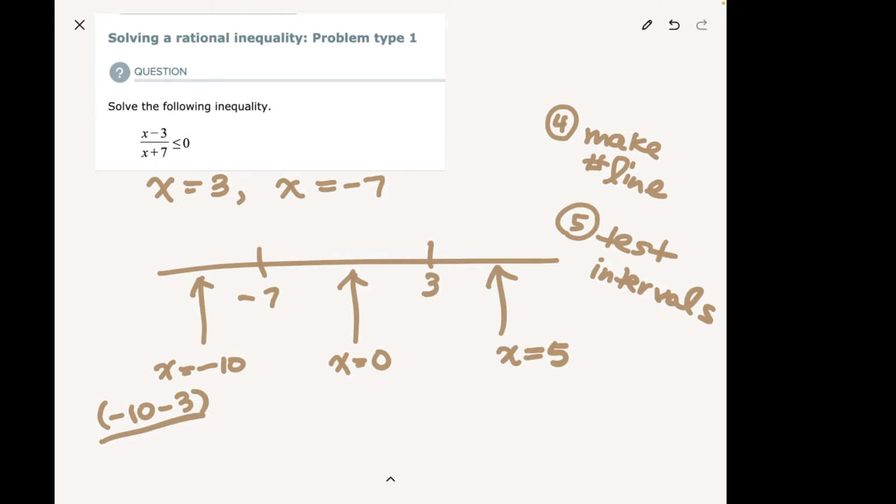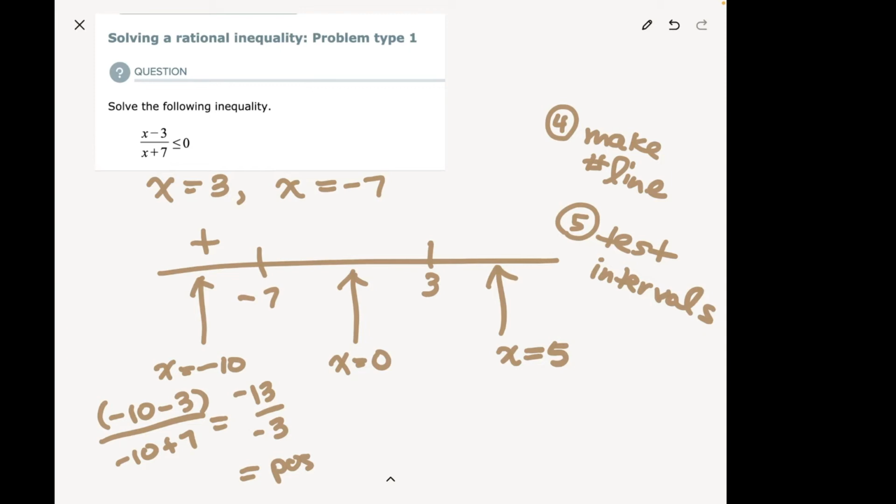If I plug -10 into the left side, I get -10 minus 3 on the top and -10 plus 7 on the bottom. So I get -13 over -3. But the only thing I care about is that the answer is positive. So if I plug any number smaller than -7 into that fraction, my answer will always be positive.